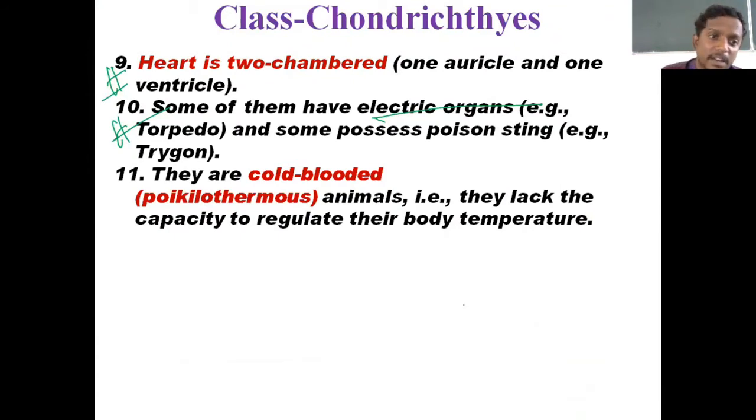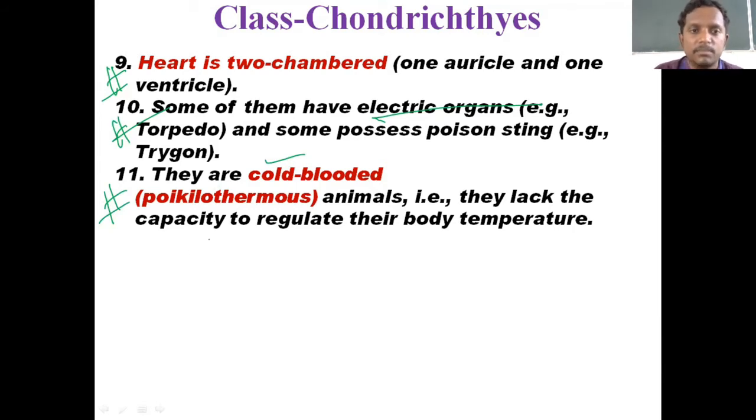Now the 11th point, again a very, very important point. This we are going to carry on till the end of this phylum Chordata. They are cold-blooded. The other name is poikilothermous. Actually, we are not supposed to use the word cold-blooded, though in our textbook it still persists.